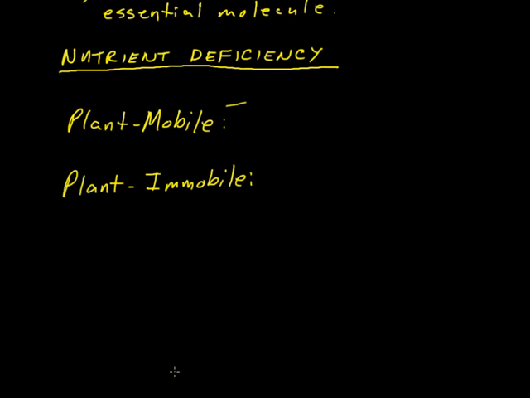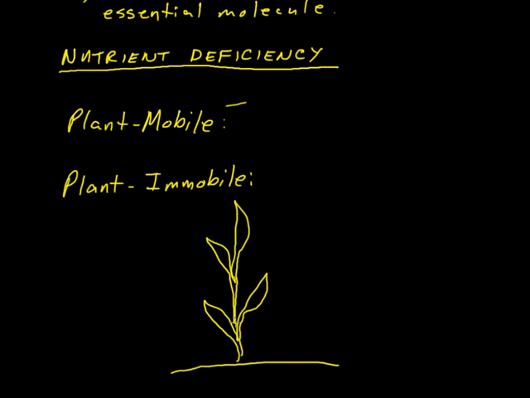As an example, let's say we had a plant here, maybe it's a corn plant. Our older leaves are on the bottom of the plant, and our younger leaves are towards the top of the plant. One of the most common deficiency symptoms for a lot of our nutrients is yellowing, which we call chlorosis.